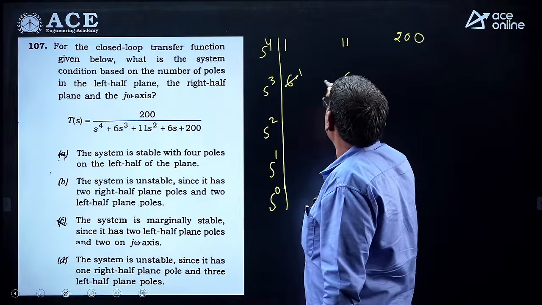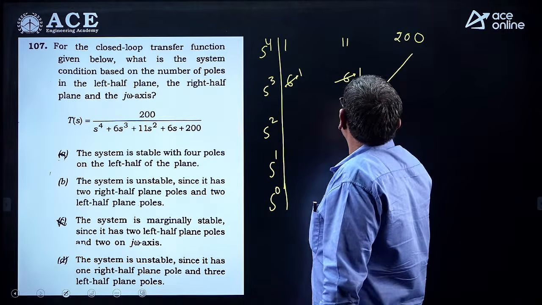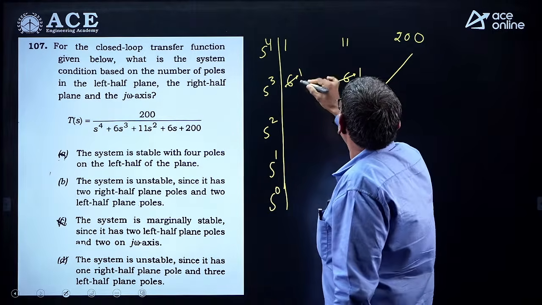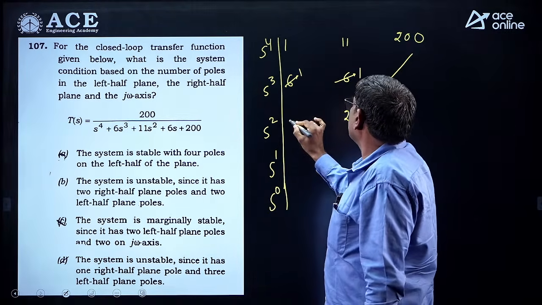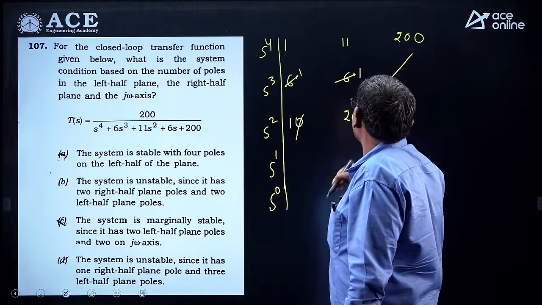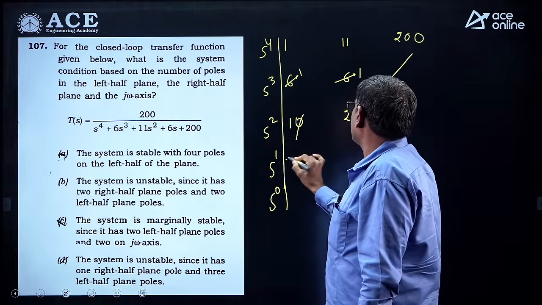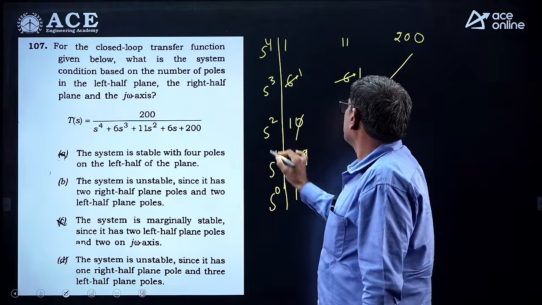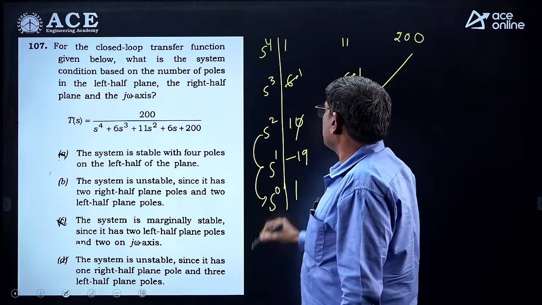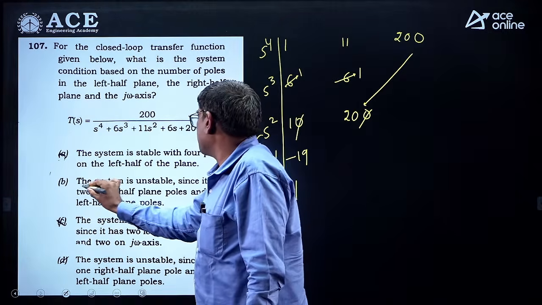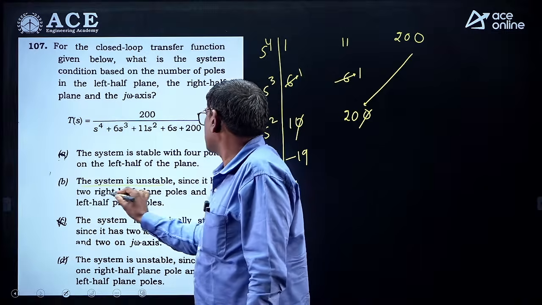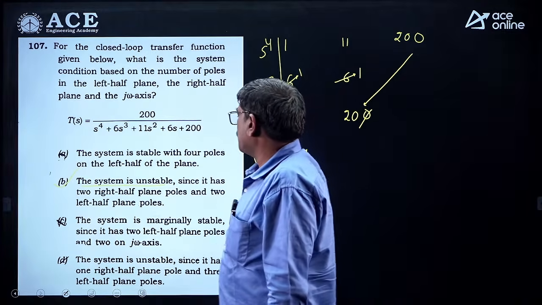We can make it 1 for easy calculations. Here it is 200. Then 11 minus 1 means here you will get 10. The 10 we can cancel. 1 minus 20 means minus 19, 1. So 2 sign changes means 2 poles on the right, the system is unstable, since it has 2 poles right and 2 poles left.